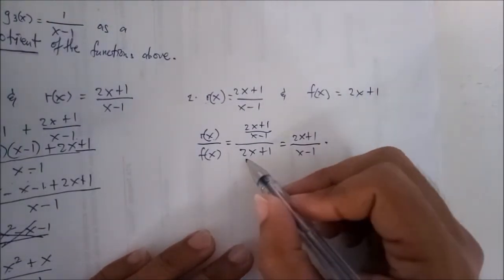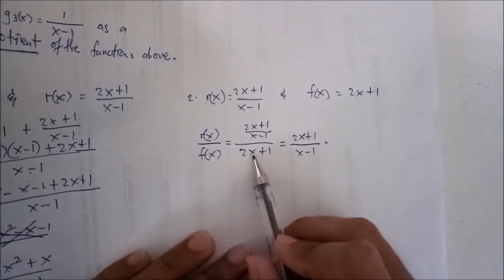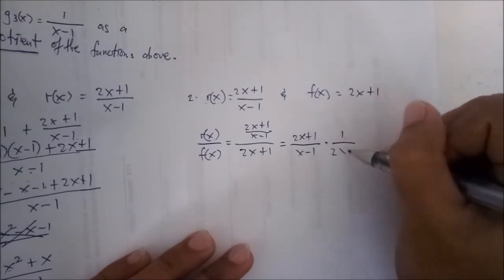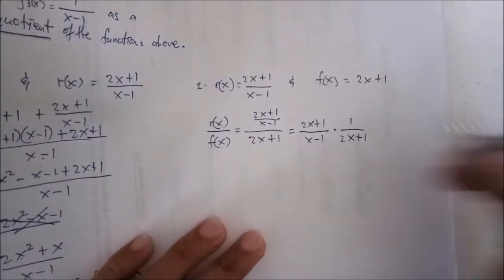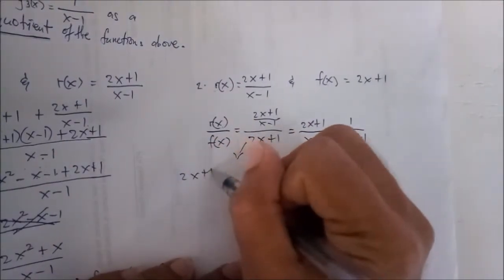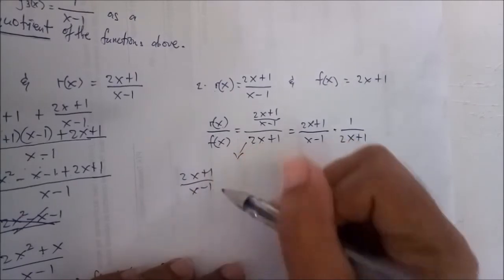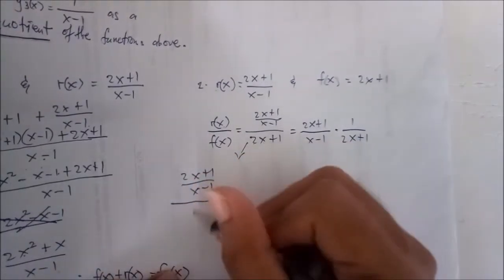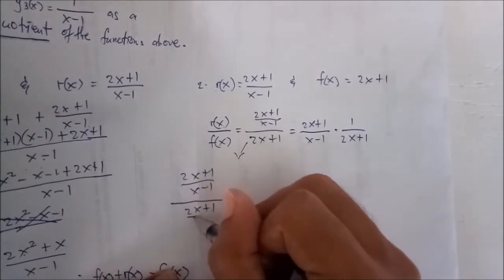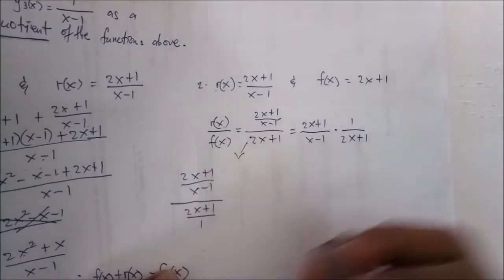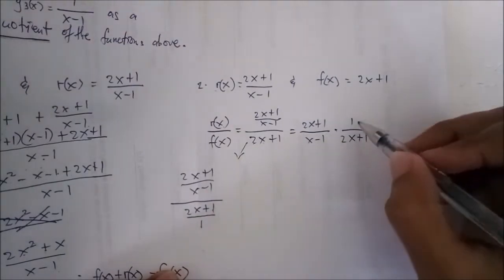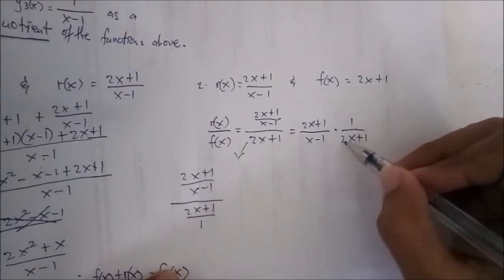It's because you need to take the reciprocal of 2x plus 1, which becomes 1 over 2x plus 1. We have an imaginary denominator of 1, so the reciprocal of (2x plus 1) over 1 is equal to 1 over (2x plus 1).